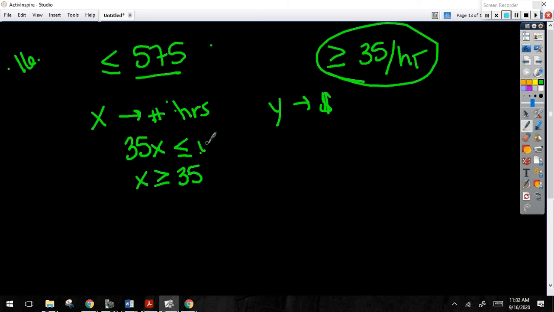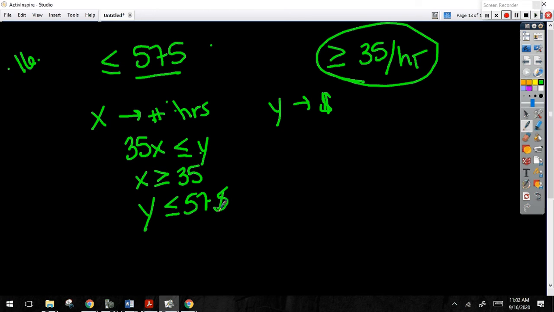So at least $35 per hour to record. And we're going to have to just stick with those 2 inequalities, unless we were to throw a third variable in. But any of those would satisfy because we're still counting $35 an hour, and that's still a feasible option.